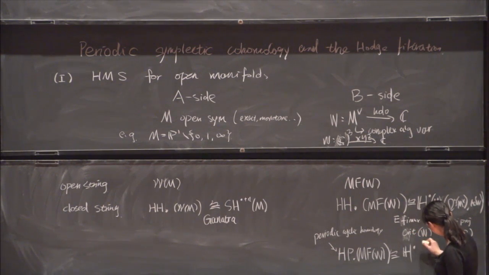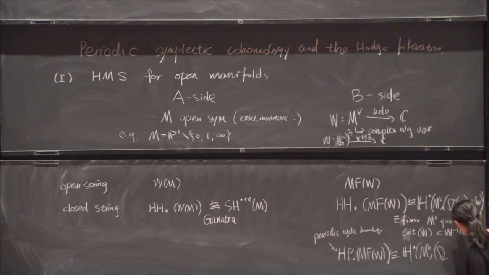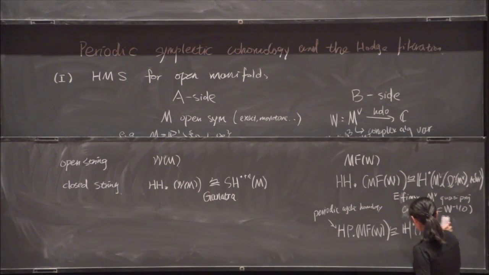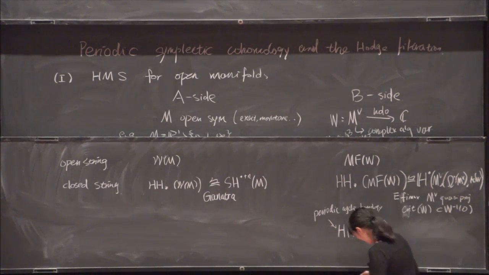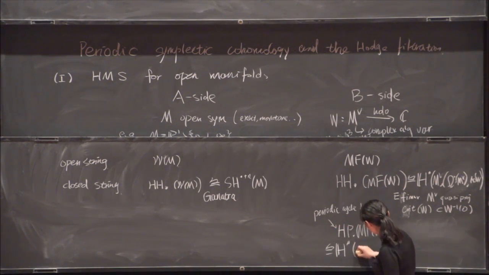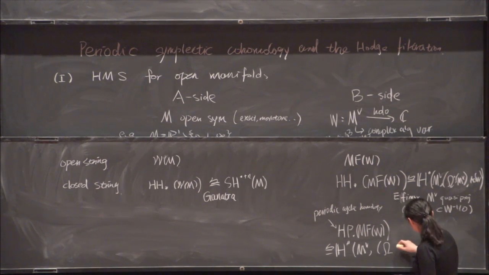This is still isomorphic to the hypercohomology of M check, but now instead of this twisted de Rham complex, you'll be looking at a double complex with two differentials.